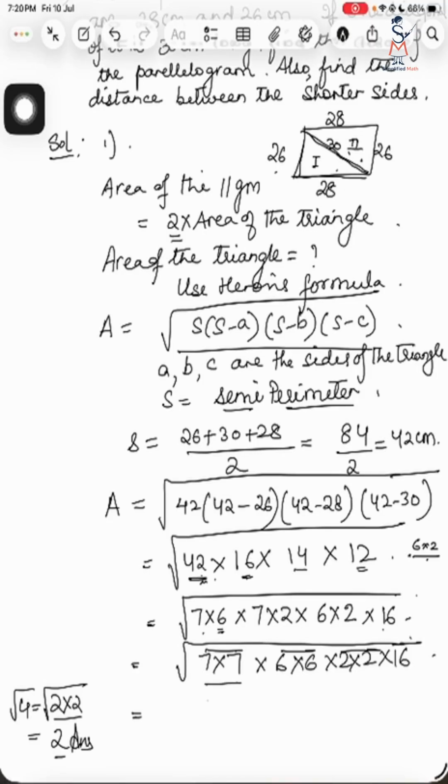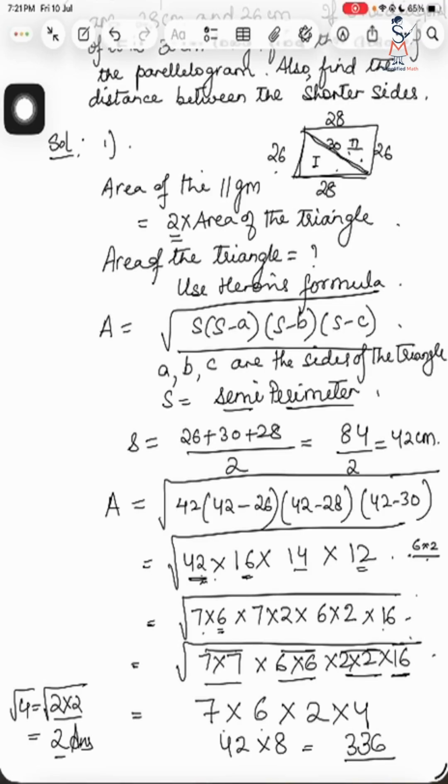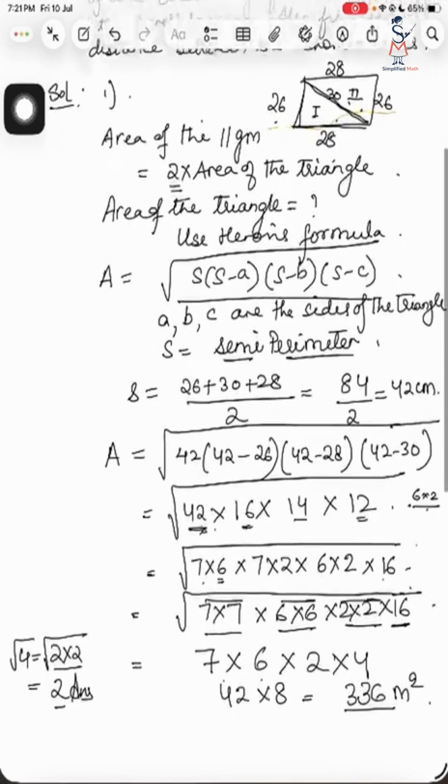So out of these 7s I will take one 7, out of these 6s I'll take one 6, out of these 2s I will take one 2, and the square root of 16 is 4. This is 7 into 6, 42, into 4, which is 168, into 2 gives 336. This is the area of the one triangle, right?